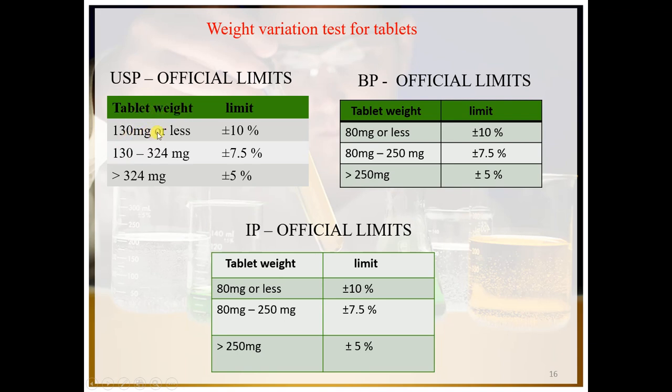This one is the tablet weight and these are the limits. For example, if the tablet weight is 130 milligram or less than 130 milligram, the official limits specified by the USP is plus minus 10%.